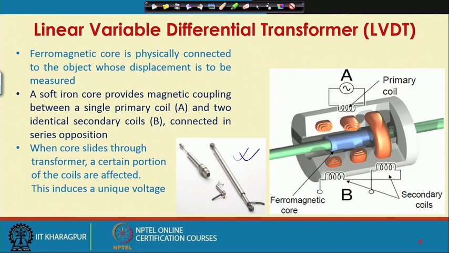Inside, you are expected to see this. You have a primary coil and two secondary coils which are connected in series opposition.